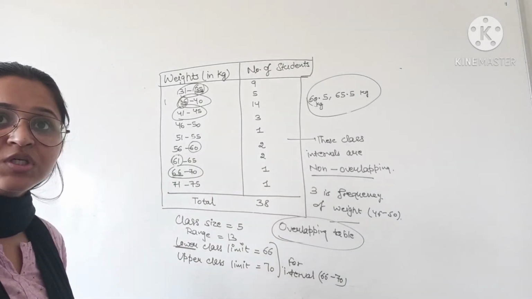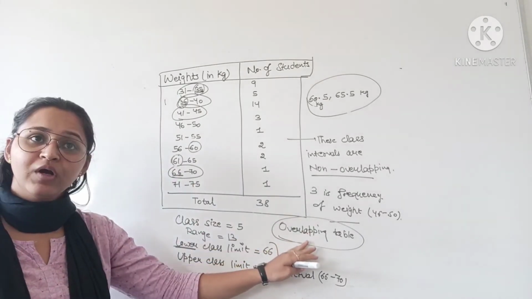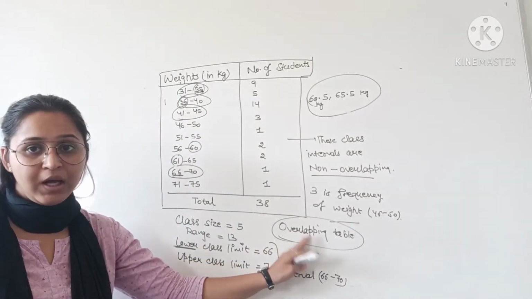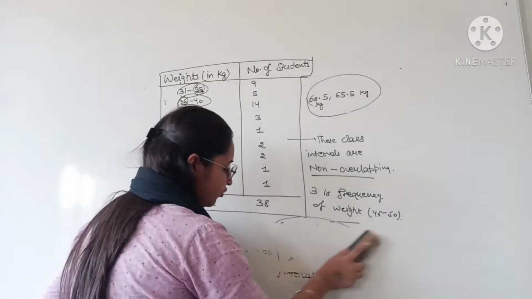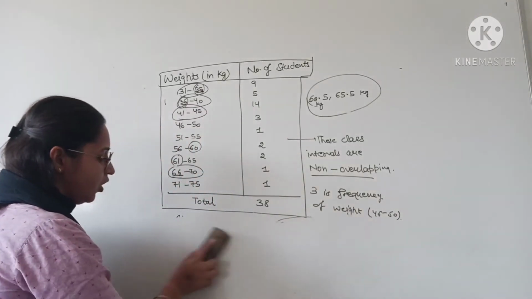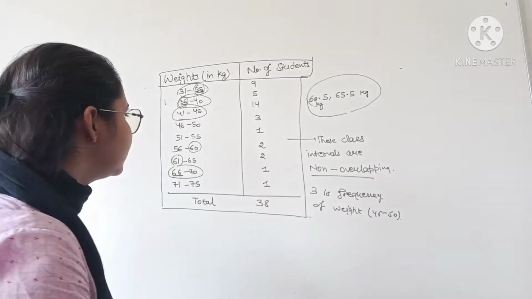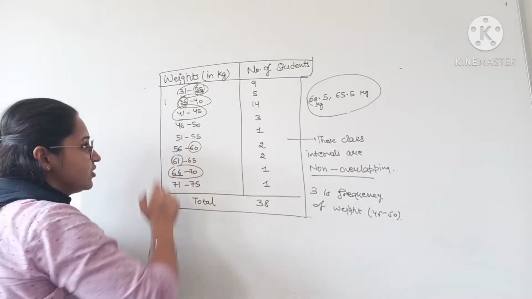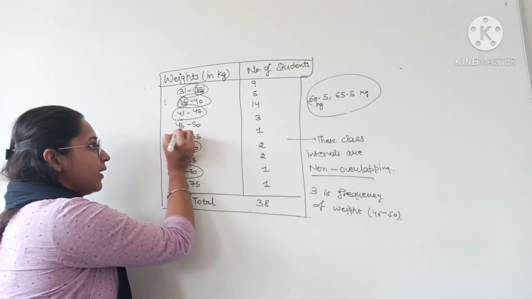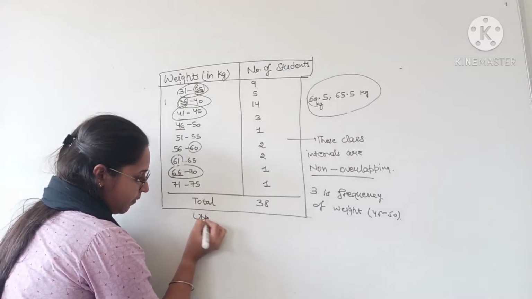Now what is the procedure to convert these class intervals into overlapping intervals? Okay, I am telling you. First of all, the goal here is that we have to make this equal to this. First of all, see the upper limit of this class interval, which is 46.